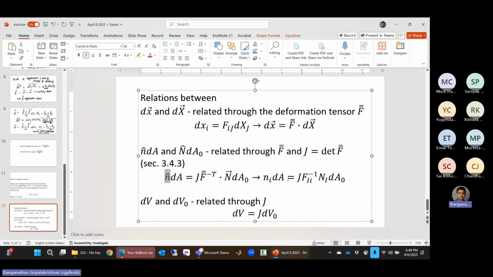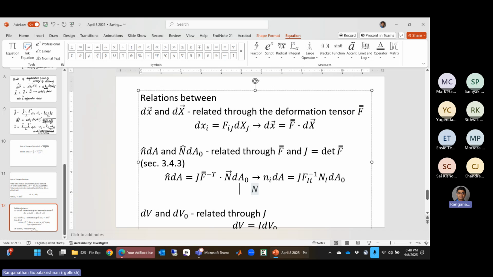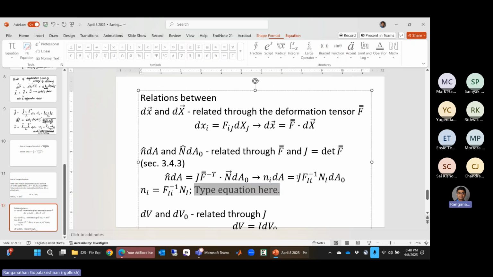So this exactly will give you n cap. So you can even think of this as Ni is given as F inverse Ni, whereas dA is given as J times dA naught.